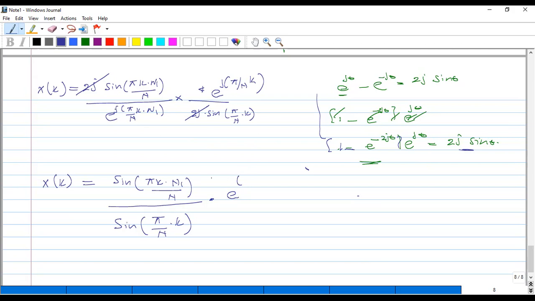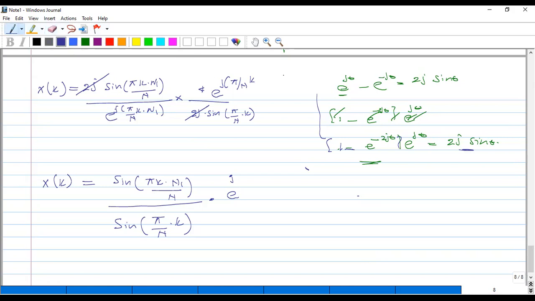For both signals j is common, so I take out the j, and 5nk is also common. This theta is 5k n1 n, so n1 is also there in these terms.